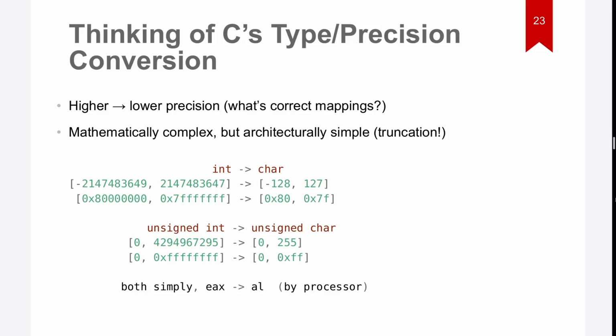So from an integer to a character, we truncate to the range of the character, but we lose a lot of numbers and a lot of precision.